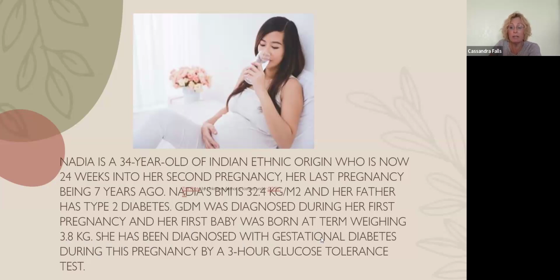And she's been diagnosed with gestational diabetes already at 24 weeks with this pregnancy. So I think I would be concerned about her. I would be really watching her to make sure that she progresses normally and that she's keeping her blood sugar under control. Okay.